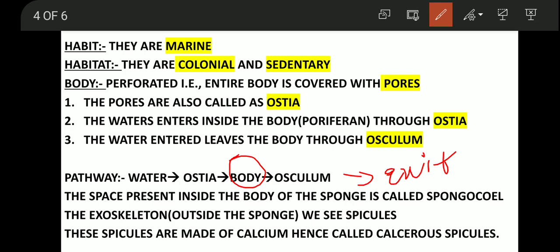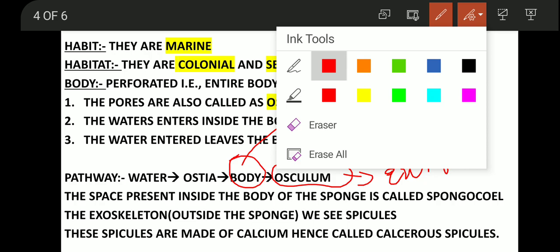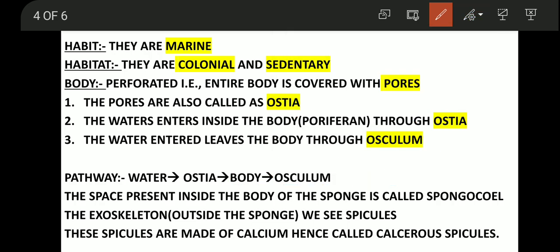We drink water and we urinate it. Likewise, the water that entered the body must be discharged to the ocean through the osculum. So these two pores help in drawing water in and exiting the water.